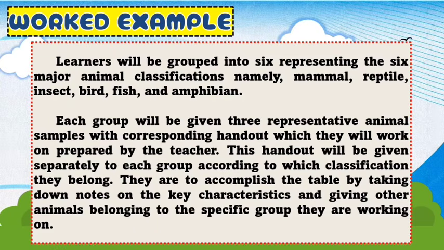So each group will be given 3 representative animal samples with corresponding handout prepared by the teacher, which they will work on. This handout will be given separately to each group according to which classification they belong. They are to accomplish the table by taking down notes on the key characteristics and giving other animals belonging to the specific group they are working on.